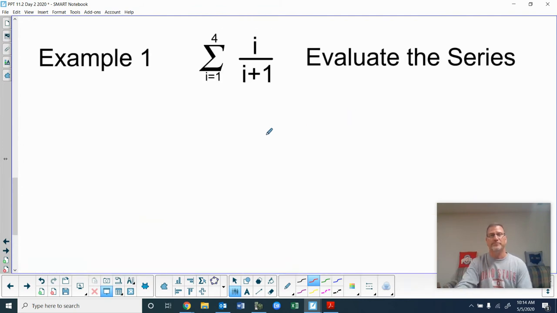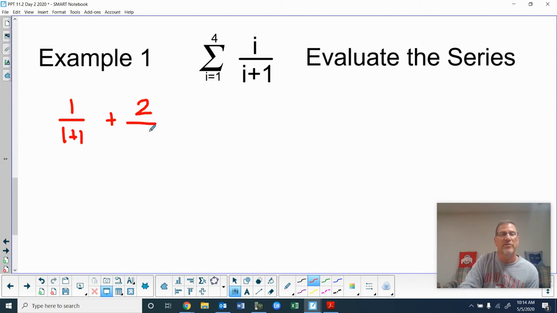Give ourselves some room. So we'll find the first term, which means we're going to put 1 in for i over 1 plus 1. Remember, we're going to add them. So plus. Now the second one, we put a 2 in for it. So we go right in order. So 2 in for i, and then 2 plus 1.